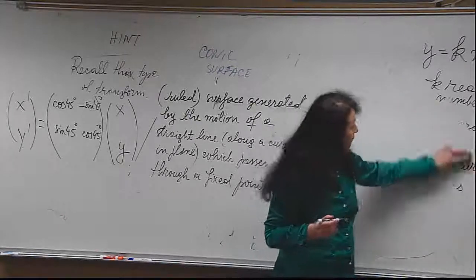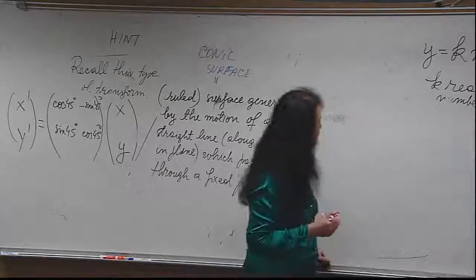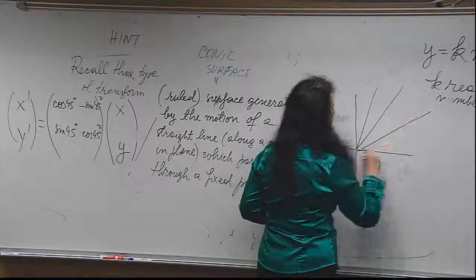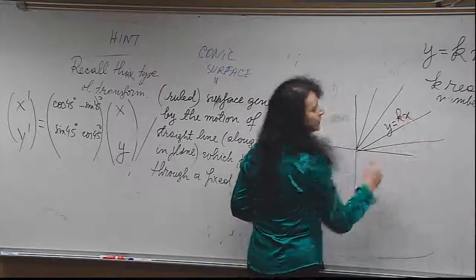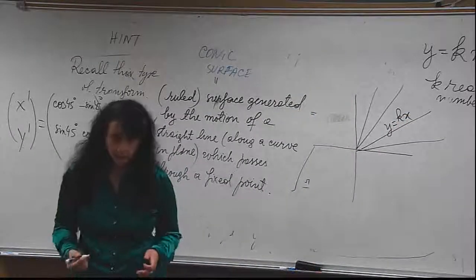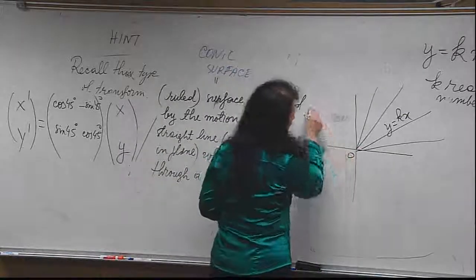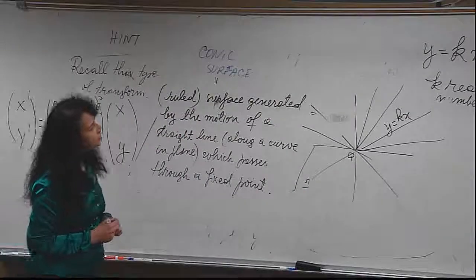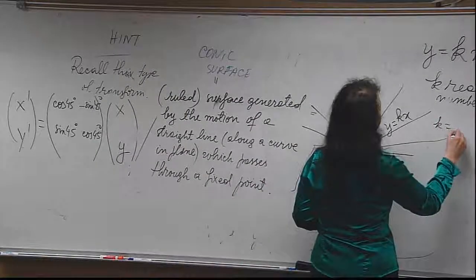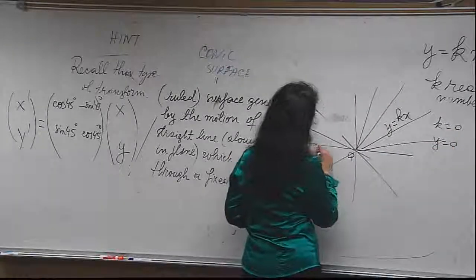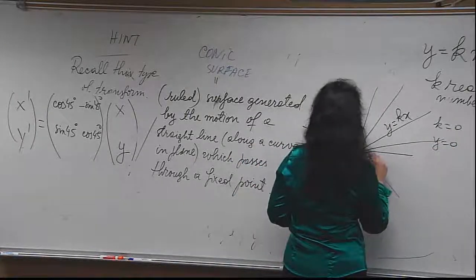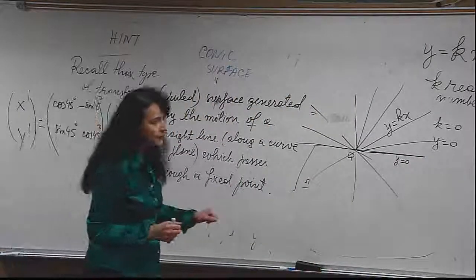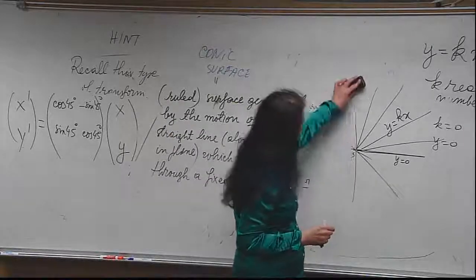I didn't know 15 years ago it was called that, and now I know. The slope is k, and all the lines pass through the origin. If you put k equals 0, then you also have y equals 0.